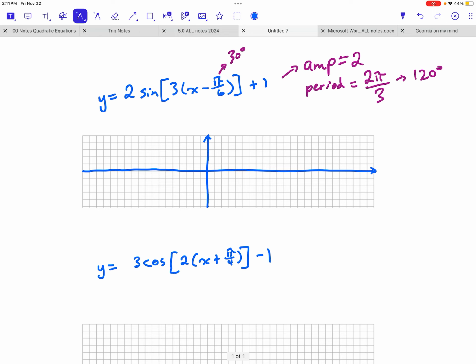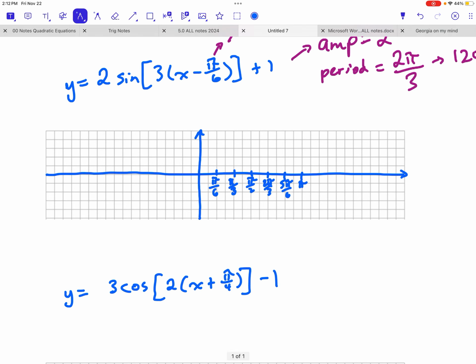And I need to have something that goes up by 30 degrees interval, so I'll make this pi over 6. 2 pi over 6, which is pi over 3. This one's 3 pi over 6, or pi over 2. 4 pi over 6, which is 2 pi over 3. 5 pi over 6, and 6 pi over 6, which is pi. We'll let that be for right now.